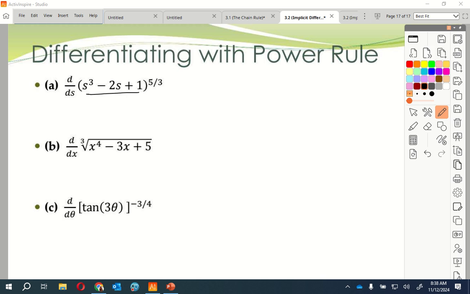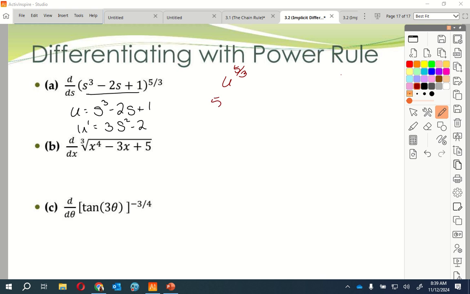If it's the chain rule over again, I know that all this would be u, u prime is 3s squared minus 2. So this is u to the 5/3.